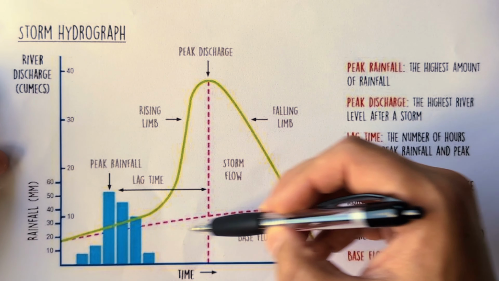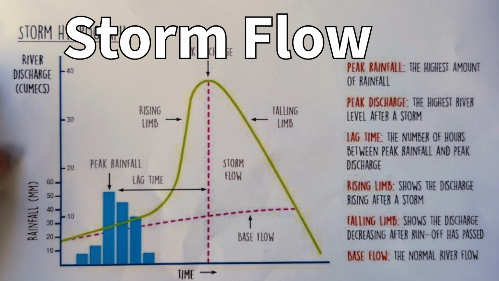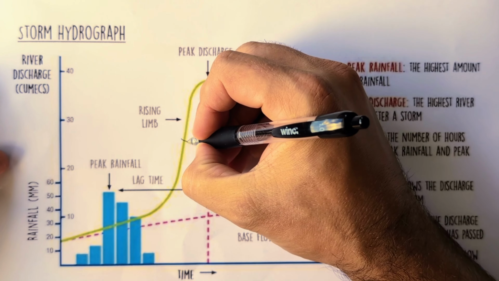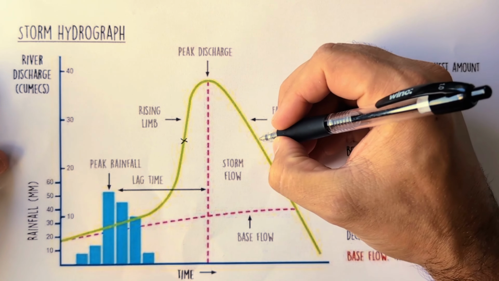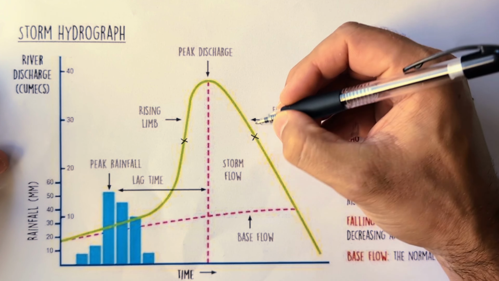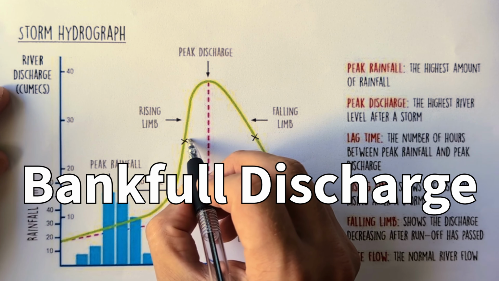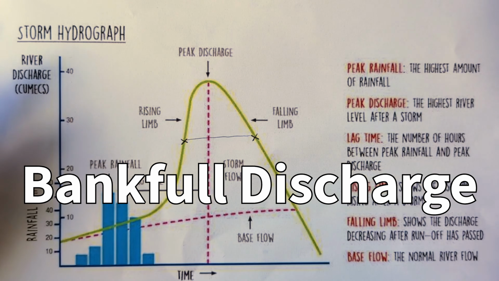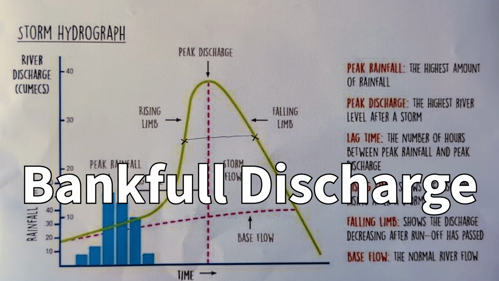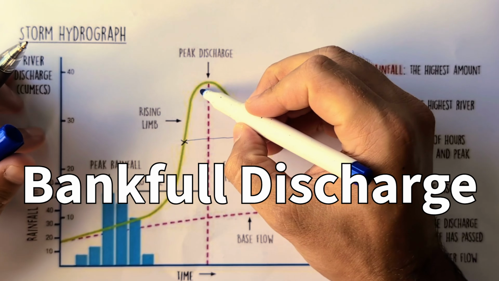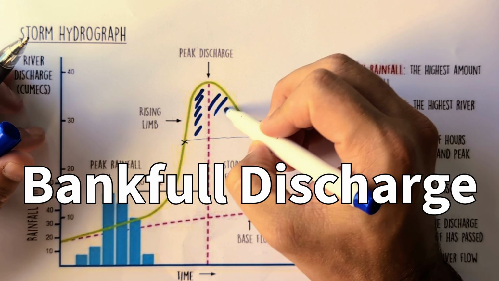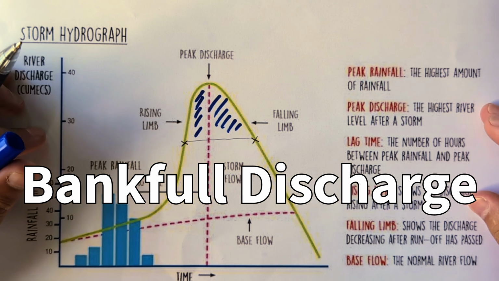We also have anything above the base flow is considered storm flow. So what I'm going to add to this is we're also going to have bank full discharge. Now, bank full discharge is when the river is in flood. So what does that mean?